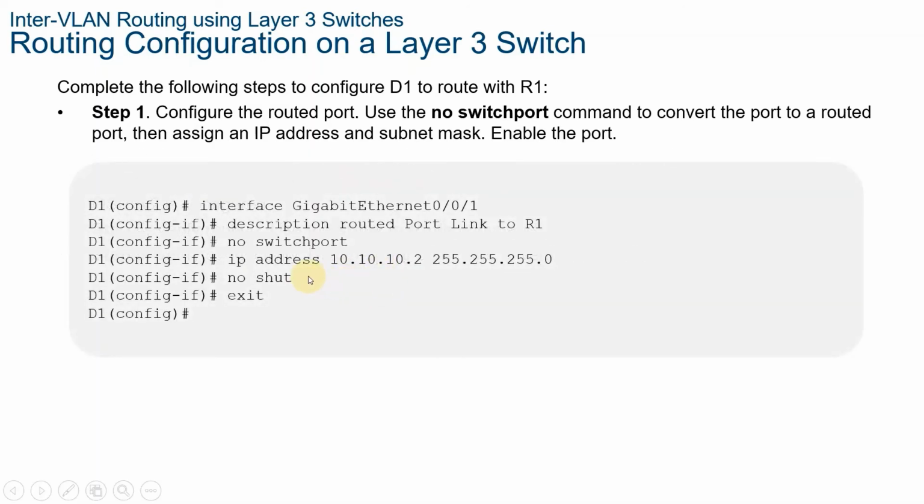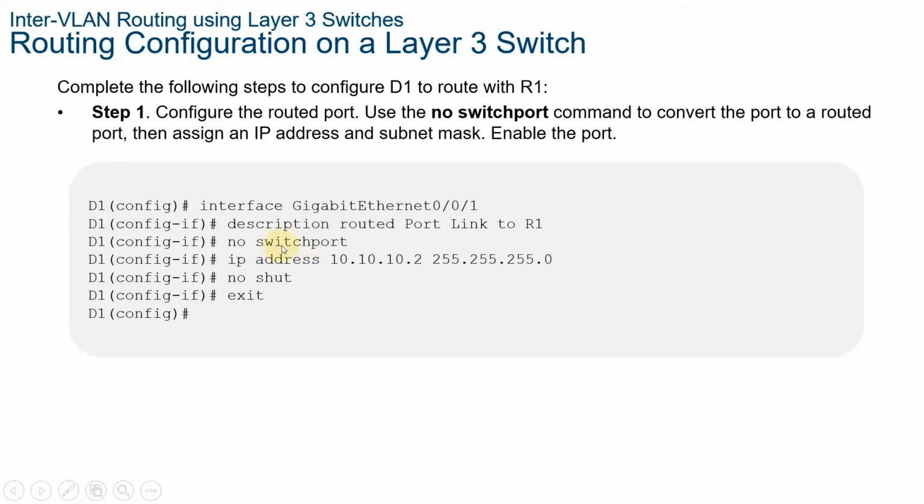The first step was configuring the routed port. Configure G0/0/1 to be a routed port, then assign it an IPv4 address and enable it. To do that, for instance, you have interface G0/0/1, and then no switch port.